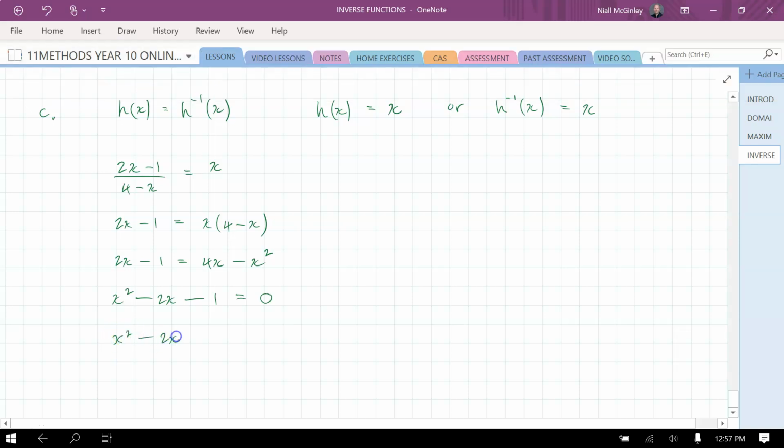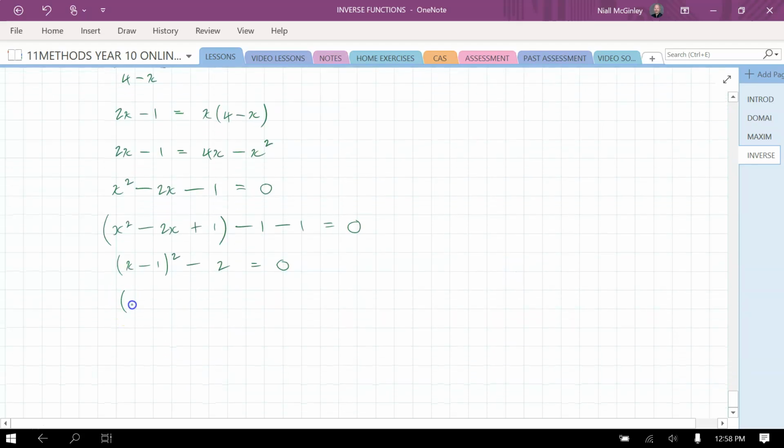So x squared minus 2x: if I half the coefficient of x, minus 2, that's minus 1, you square it and add it on. I then take that away. And then I've got this minus 1. Tidying this up, writing in turning point form, I've got x minus 1 squared minus 2 equals 0.